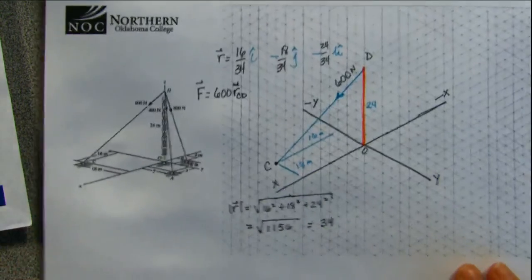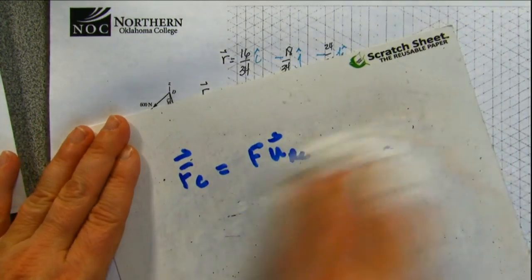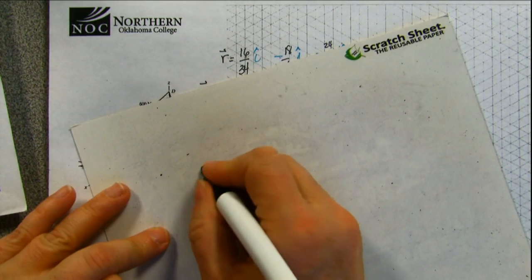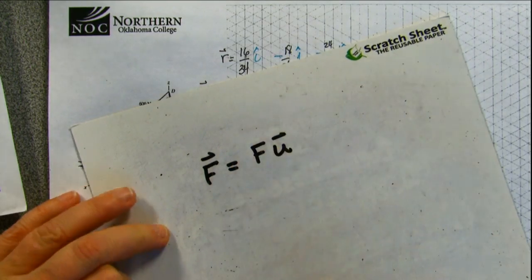Now, if you want the gory, horrible details of what this looks like in the most general form, you get F is equal to F times my unit vector.